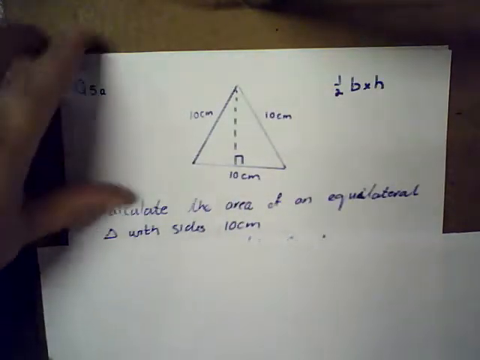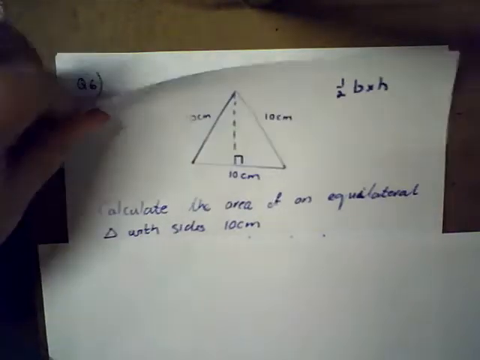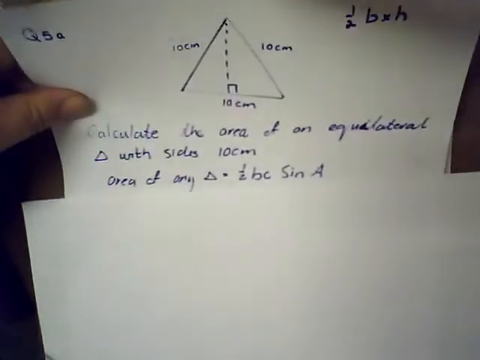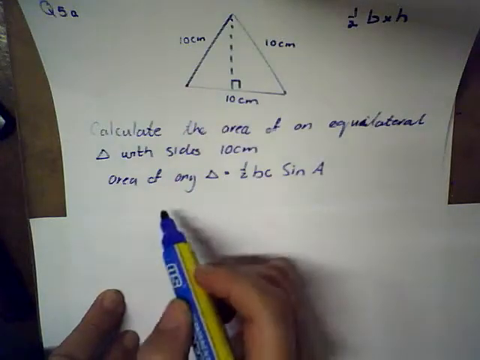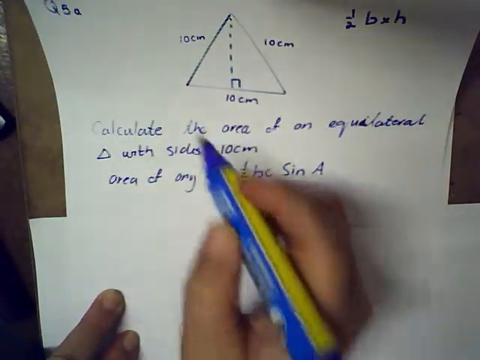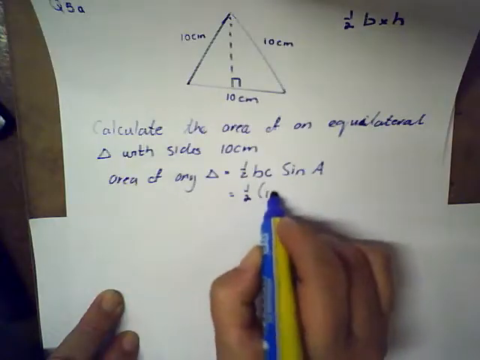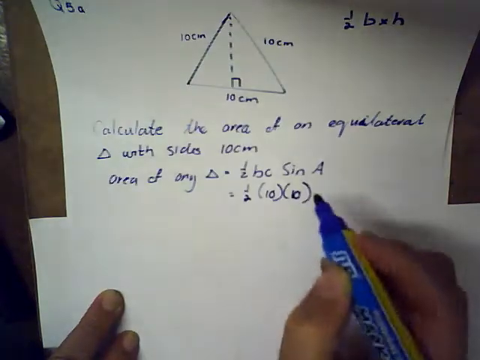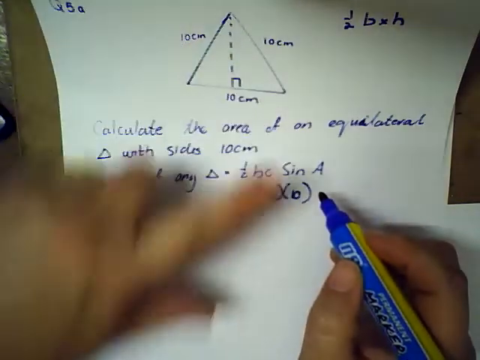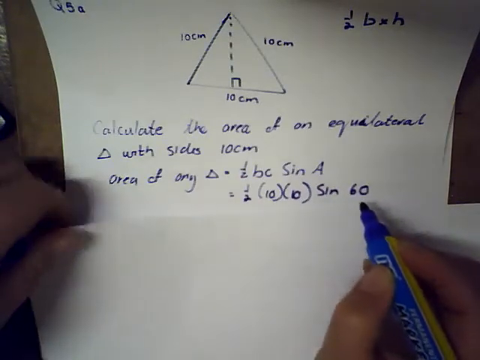And then it struck me, well, why not use the whole pieces in A? We can use either, okay. So the area of any triangle is a half bc sin A, so it's a half. My value of b is 10, my value of c is 10. If it's an equilateral triangle, all three angles would be equal to one another, so it would be sine of 60.